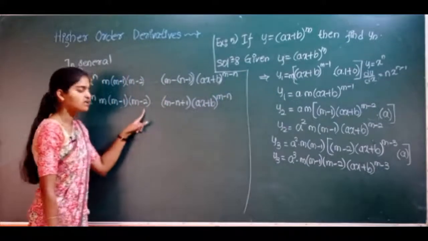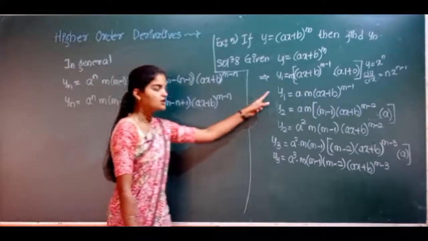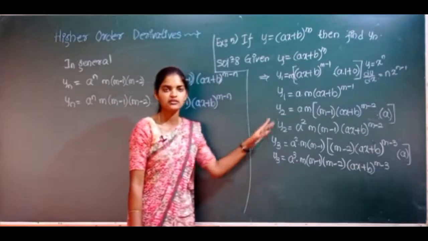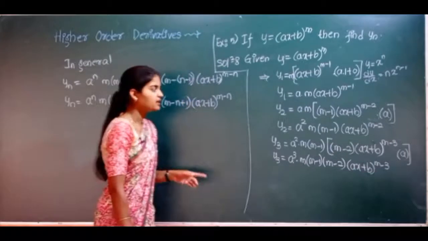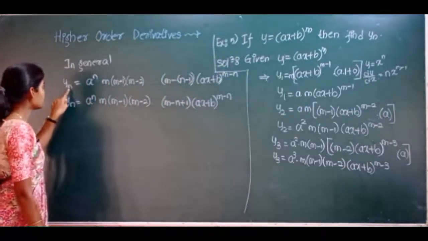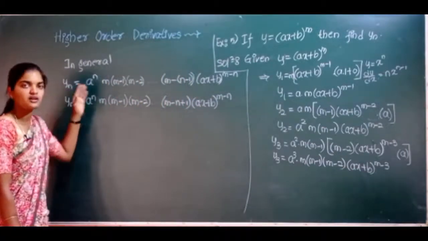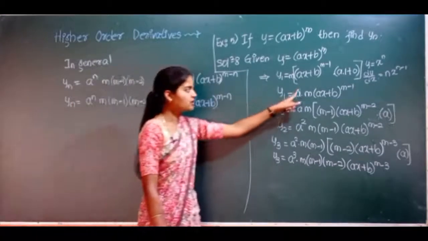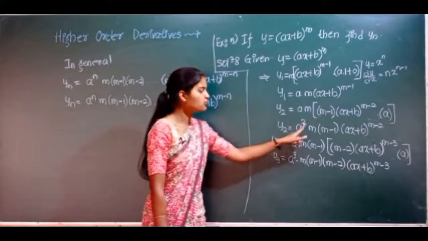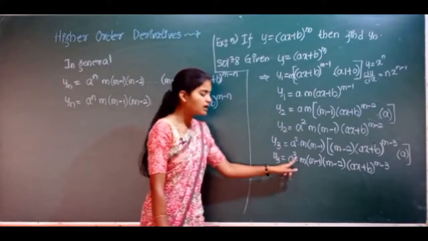See, it is easy to get the first 3 successive derivatives. You can do it using whichever formulas are known to you. But the general form that you write is what is important. How we compare: for y1 the power is 1, for y2 the power is 2, for y3 the power is 3.